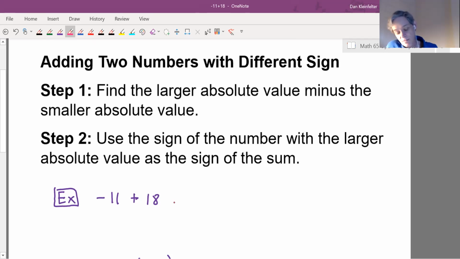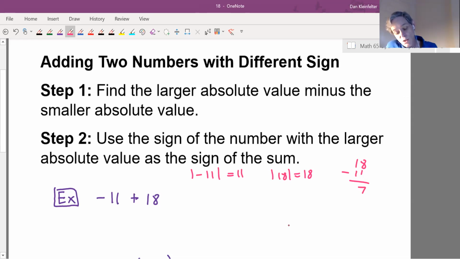Let's try it out. -11 plus 18. Okay, the absolute value of -11 is 11. The absolute value of 18 is 18. Okay, there's the two absolute values. Step one, find the larger absolute value minus the smaller one. So 18 minus 11 is 7.